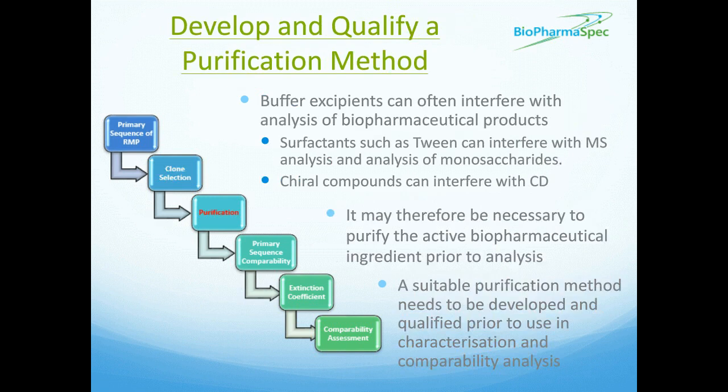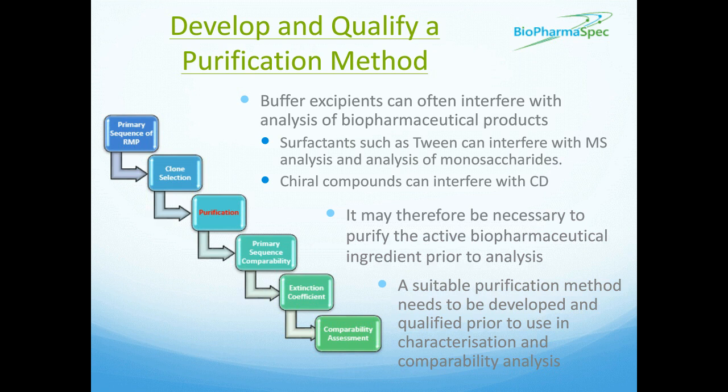Moving on to the next step, as Chris also said, you need to develop and qualify the purification method. This is because buffer excipients can often interfere with the analysis of biopharmaceuticals. As Chris said, surfactants such as Tween can interfere with the mass spec analysis and also analysis of the monosaccharides.